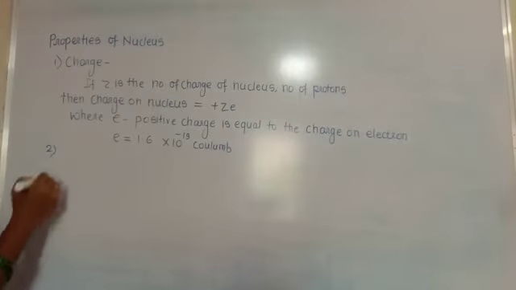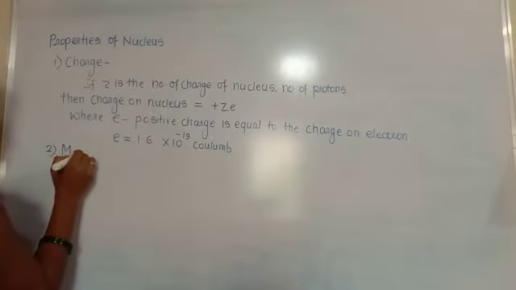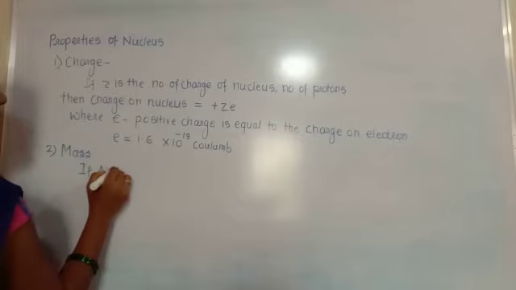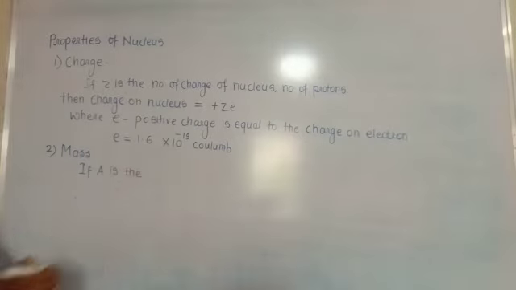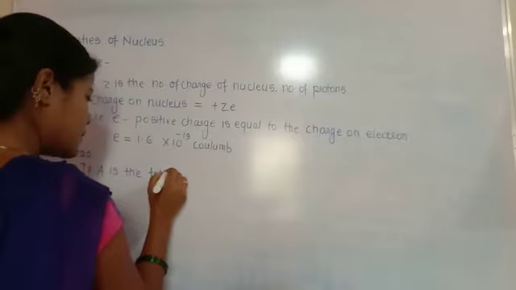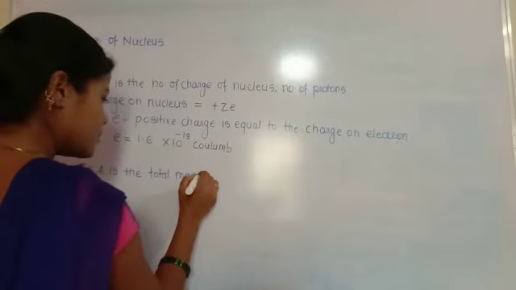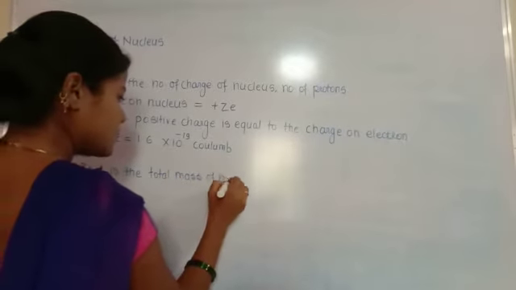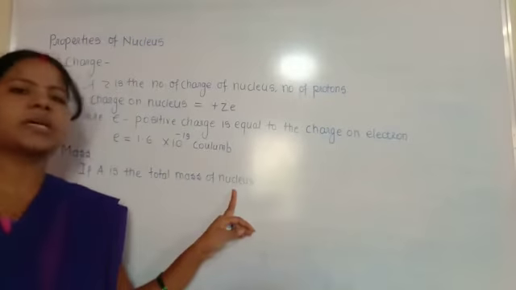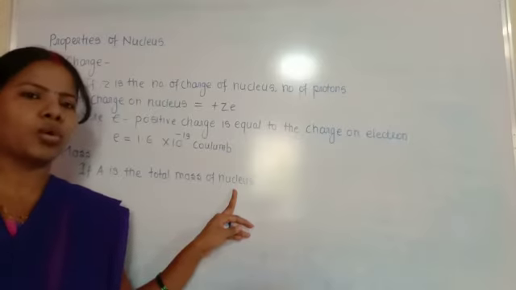Then the second property is the mass. If A is the mass number, that is the total number of nucleons in the nucleus, and we know that the nucleus contains protons and neutrons.